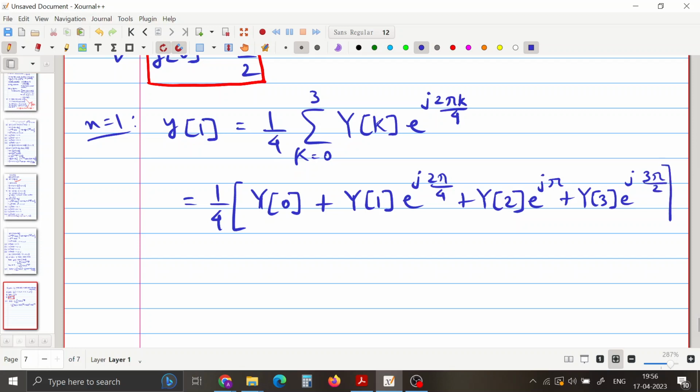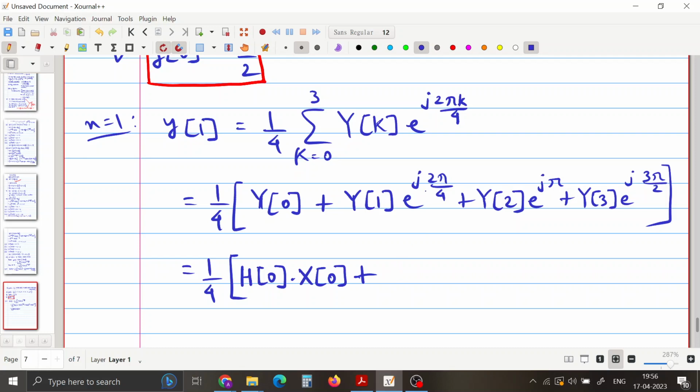Yeah, you should get this, and now again y of 0 is nothing but h of 0 times x of 0, you just use that. Same for the other coefficients of y, you just do that.